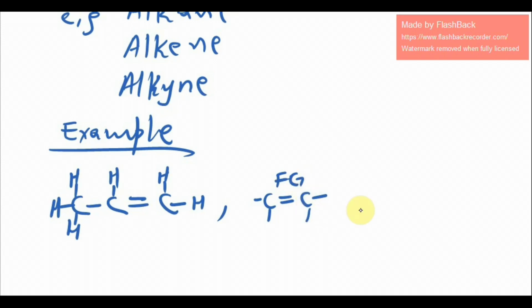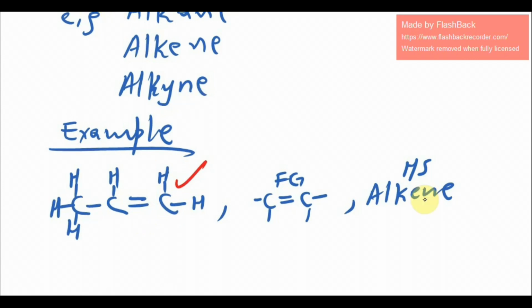Then the homologous series for this compound, since the functional group has a double bond, is an alkene. That is the homologous series, right? Is this a hydrocarbon or not? Since there is carbon and hydrogen only here, this one is a what? A hydrocarbon.